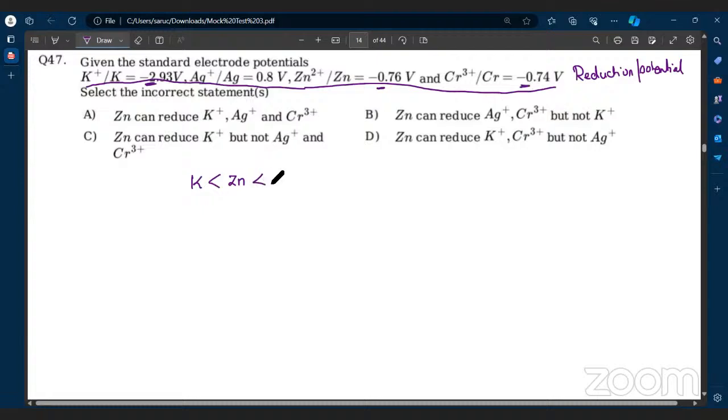For chromium, it is minus 0.74. And for Ag, it is 0.8. So this is your reduction potential order. Now, can you tell me which among the options are true? Yes, B is correct.